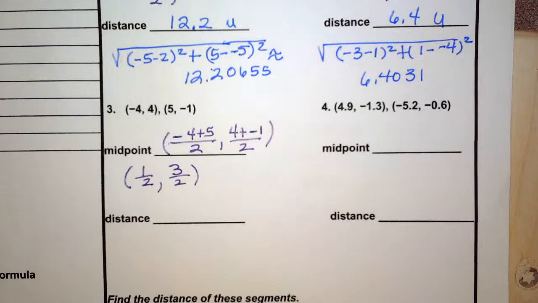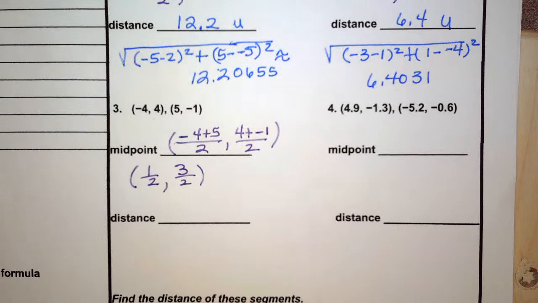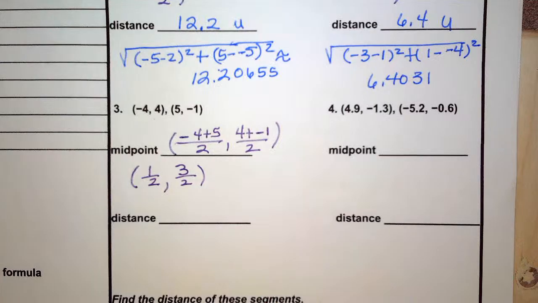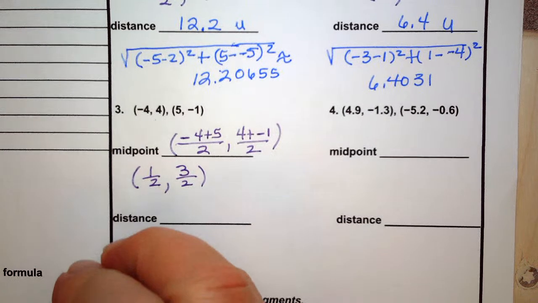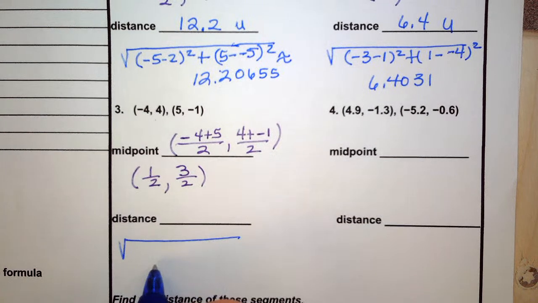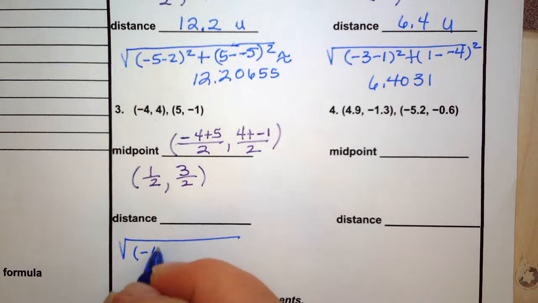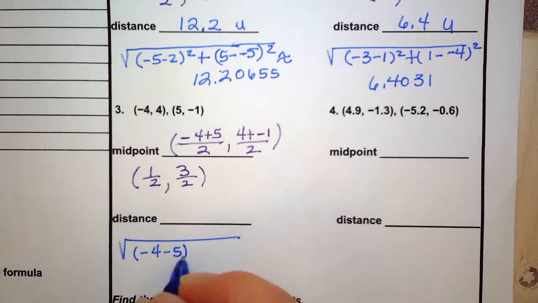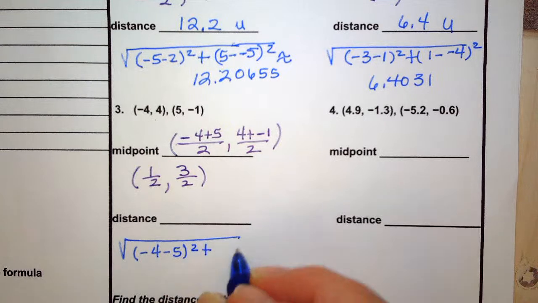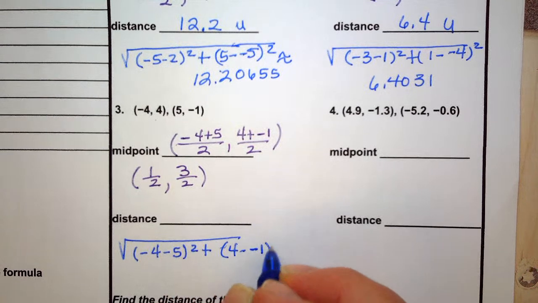The distance is always a little bit harder. So this is the square root of, we're subtracting. This is actually based off of the Pythagorean theorem. So this is (-4 minus 5) quantity squared, plus (4 minus negative 1) quantity squared.